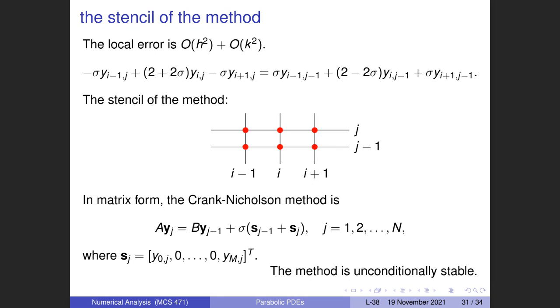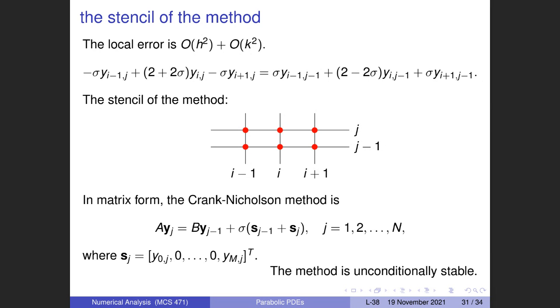So there are no restrictions on the relationship between H and K. And this is the method of Crank-Nicolson, where we have two tridiagonal matrices. So in every step, we will do a matrix vector product, as we did with the forward method. We will, in every step, also need to solve a linear system, like we did with the backward differences.